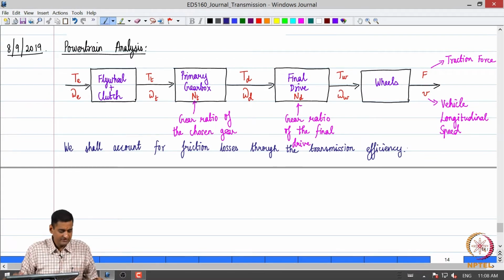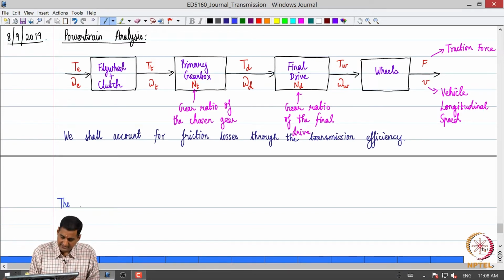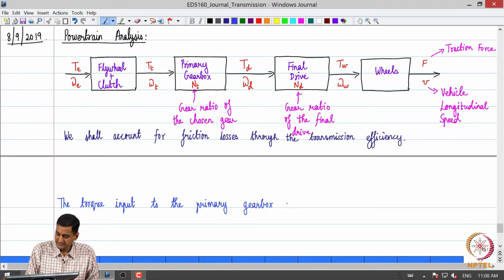All right. So now we will come one component at a time. The first equation that we are going to write is for the torque input to the primary gearbox. So the torque input to the primary gearbox is given by T subscript T, which is nothing but the input torque T subscript E minus the inertia of the rotating components, right, the engine and the clutch components.